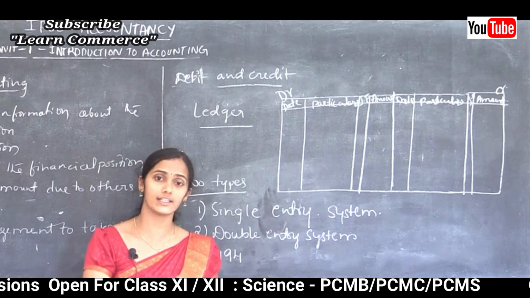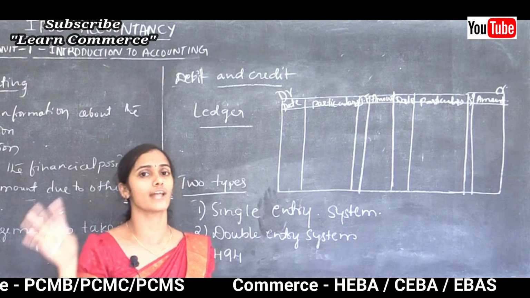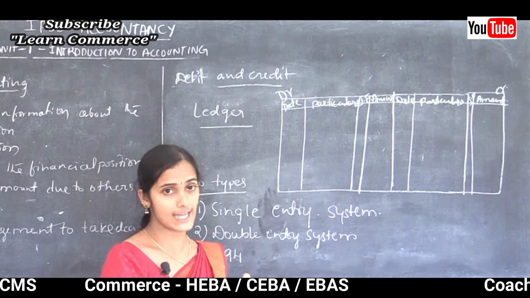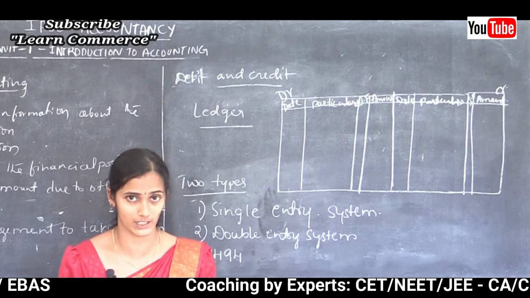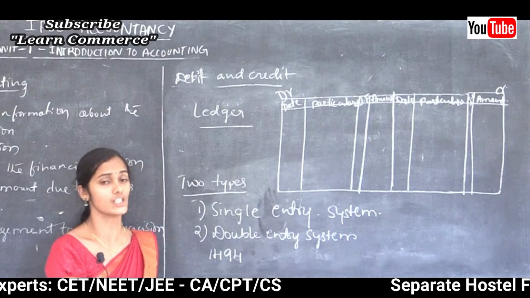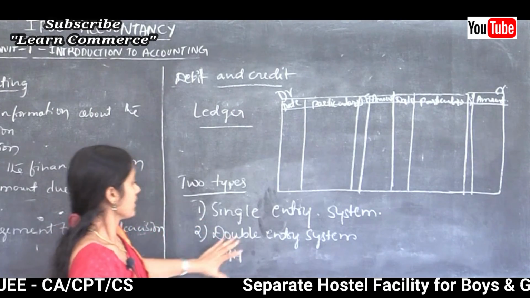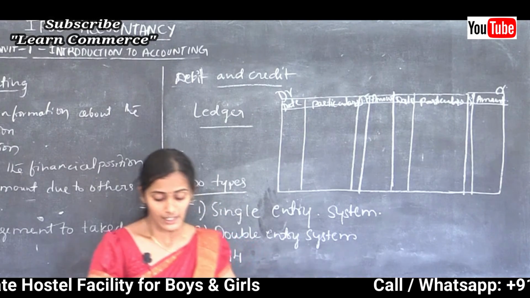By recording all the aspects of the transaction, a business organization can find out the exact amount of cash sale, exact amount of credit sale, or the total purchase or the total sale. So that is why double entry system was a very popularized system.